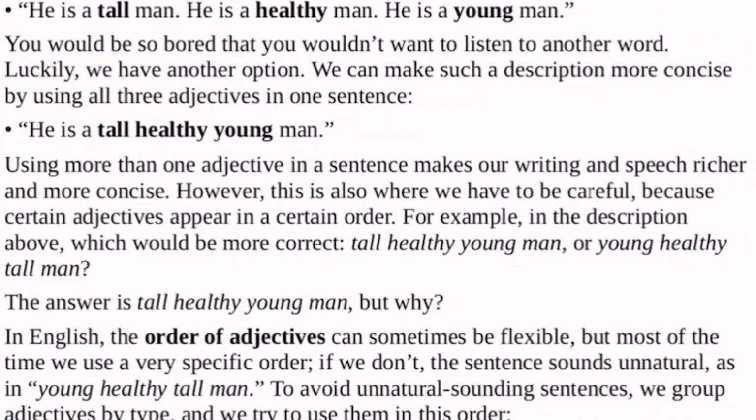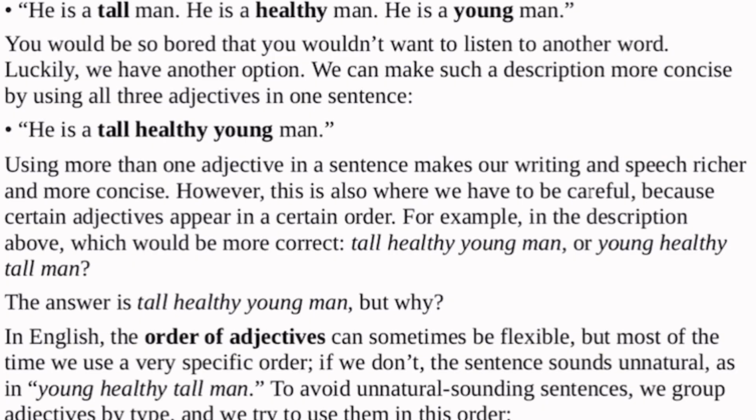Using more than one adjective in a sentence makes our writing and speech richer and more concise. However, this is also where we have to be careful because our adjectives still have to be in appropriate order. For example, in the description above, which would be correct? Is it tall, healthy, young man or young, healthy, tall man? Definitely the answer is tall, healthy, young man.